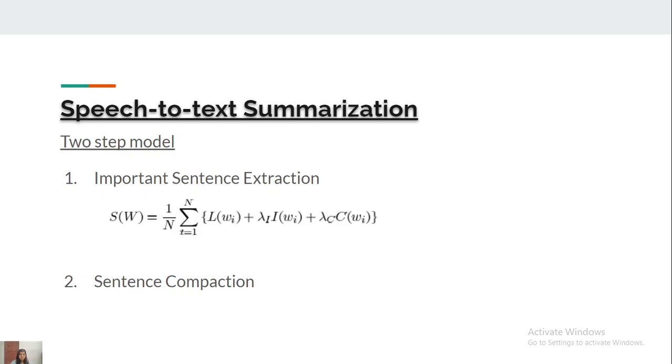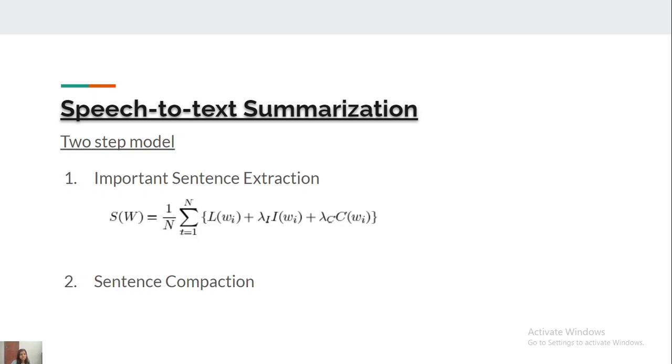The formula is S of W equal to 1 by n sigma t equal to 1 to n, L of Wi plus lambda I into I of Wi plus lambda C into C of Wi, where n is the number of words in the sentence W and L of W is the linguistic score, I of W is the significance score, and C of Wi is the confidence score of the word Wi.